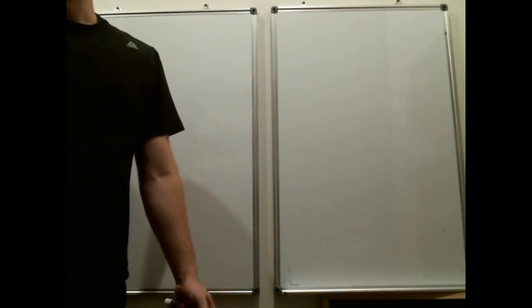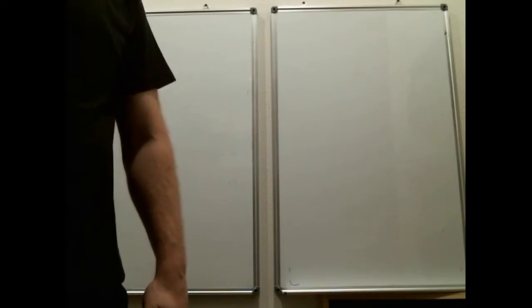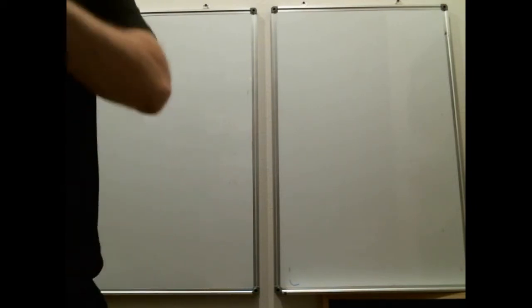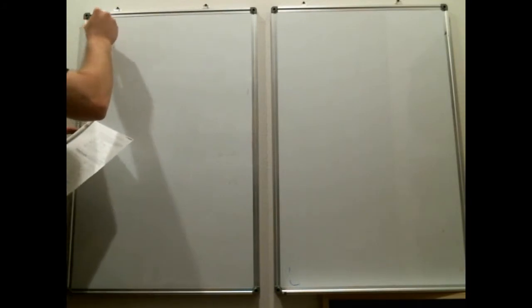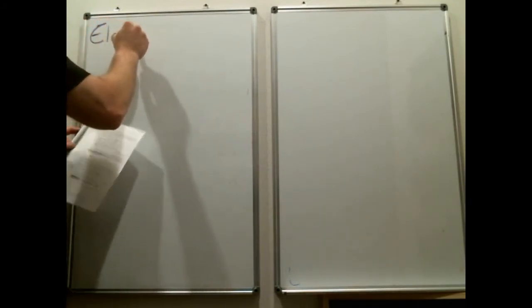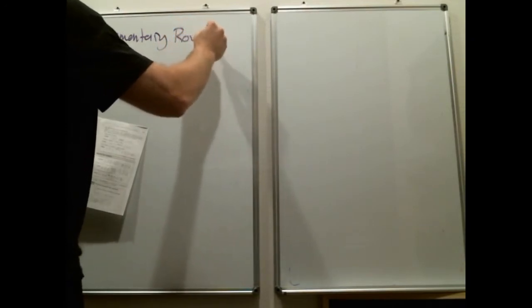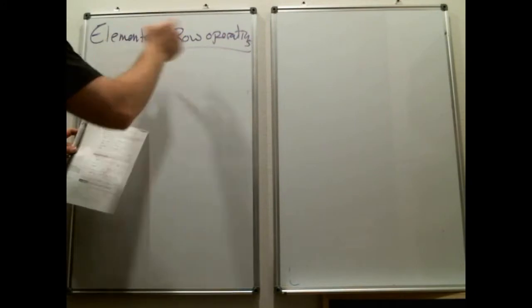In a couple examples, I'll start telling you a process of you need to do this first, this next, and then this next. But as of right now, I just want to get these operations to you. So these are called elementary row operations.